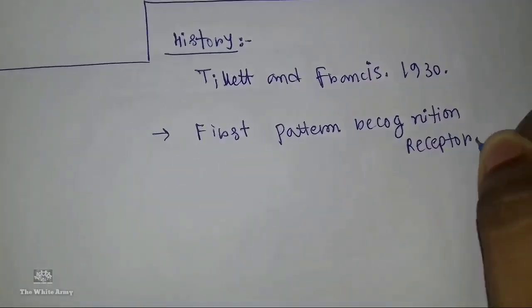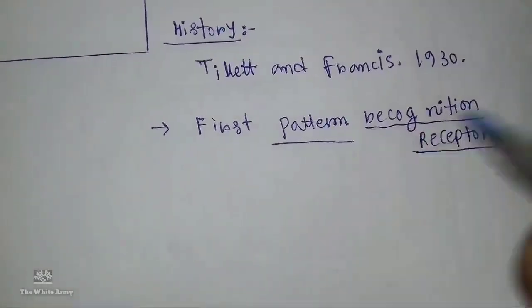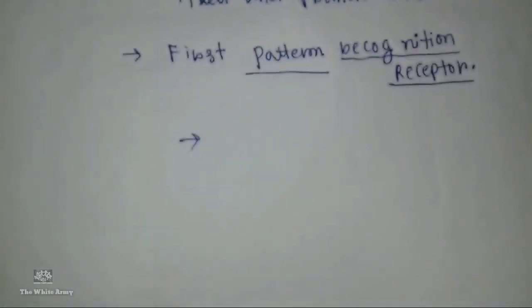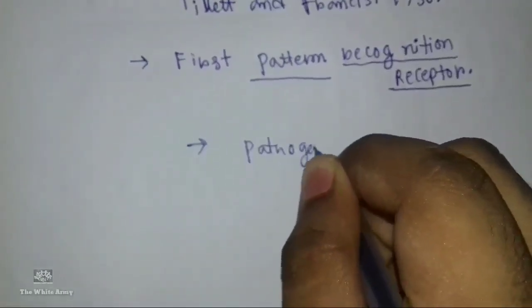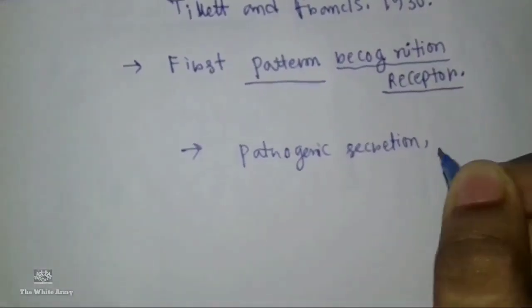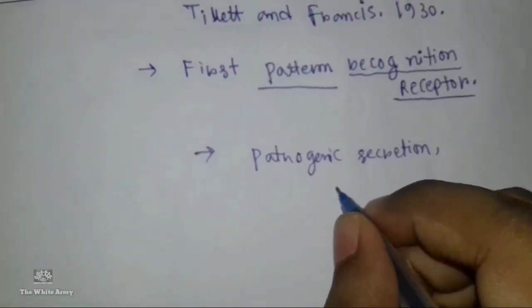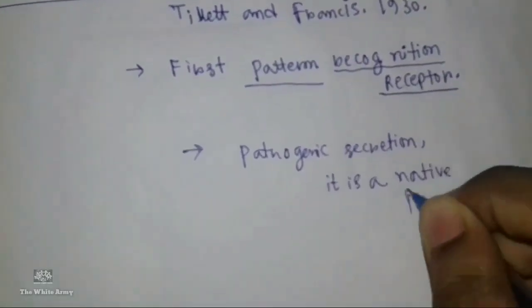At first, it was thought that this C-reactive protein is a pathogenic secretion, but later on it was revealed that it is a native protein instead.